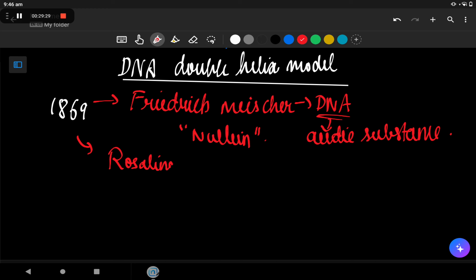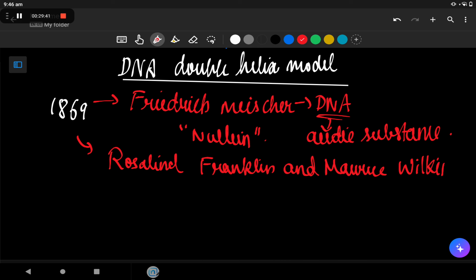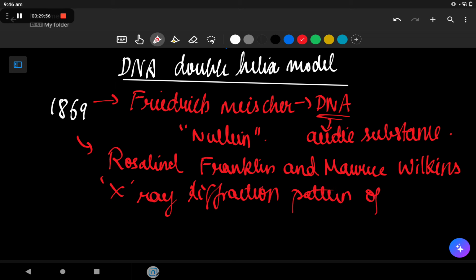Rosalind Franklin and Maurice Wilkins gave the X-ray diffraction pattern of DNA. Okay. So in 1953, Watson and Crick proposed the double helical model of DNA.